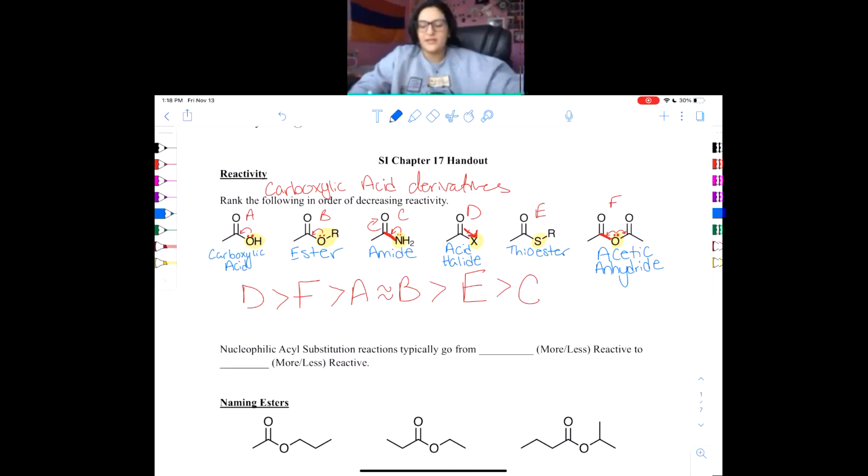So nucleophilic acyl substitution reactions, aka the reactions in chapter 17, typically go from more reactive to less reactive. And this is telling us that we're going from a less stable molecule to a more stable molecule.